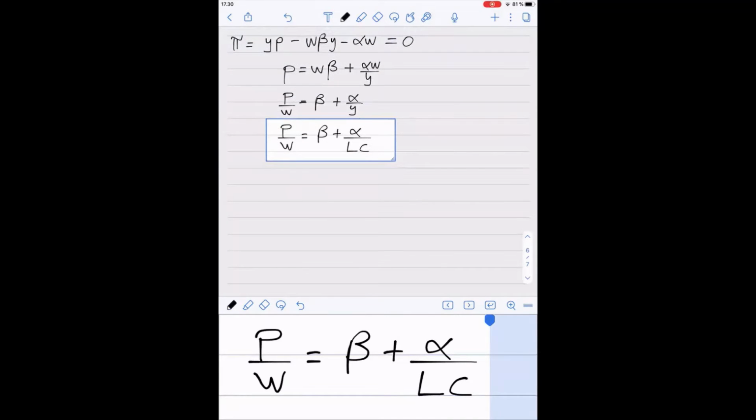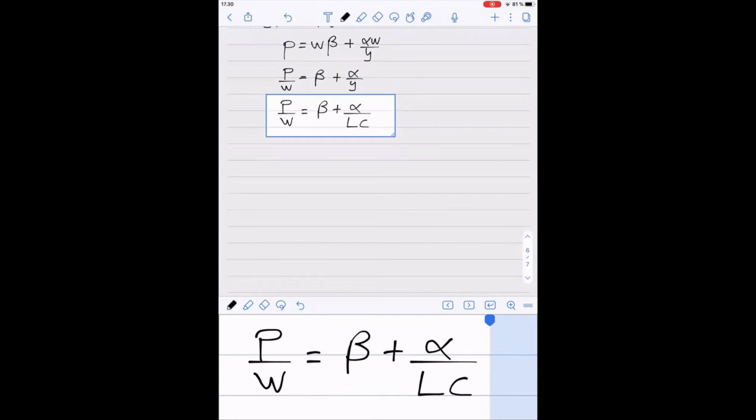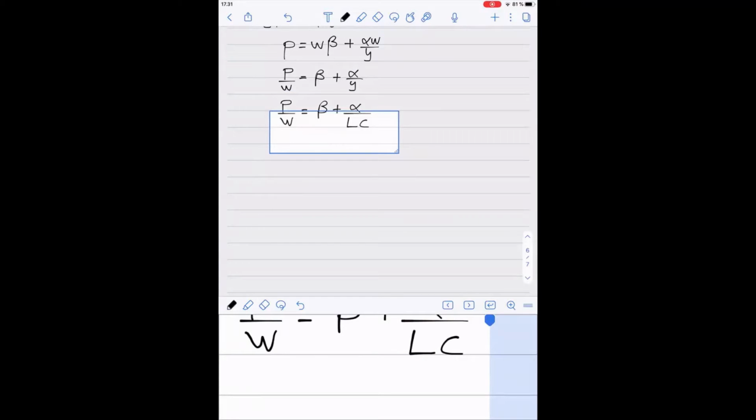Now let's think a little bit about this. What is this saying? Well, here we have the price over the wage equal to the variable cost beta plus the fixed cost over the total number of units of output produced. So this right-hand side is actually the average cost.